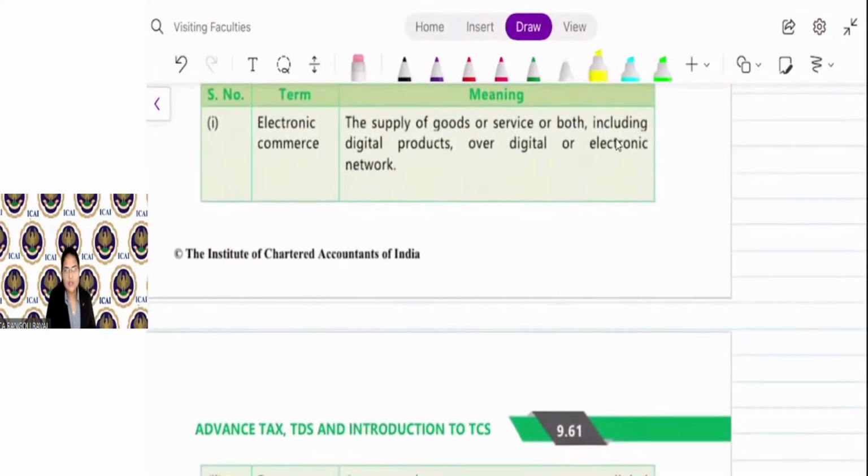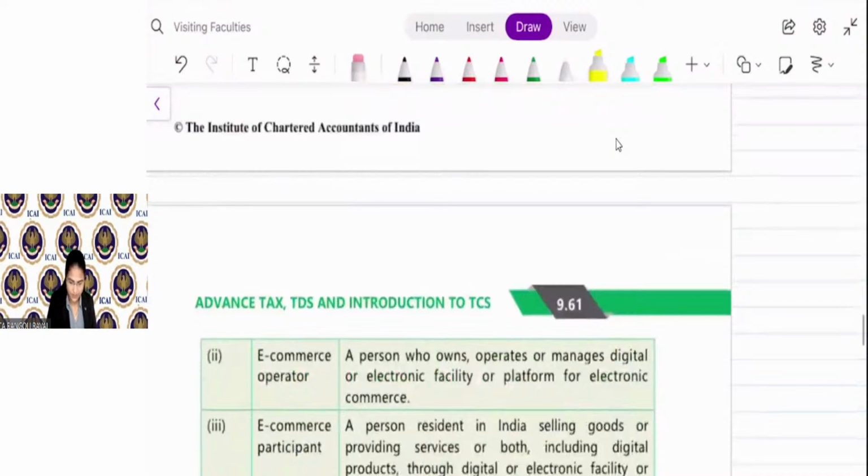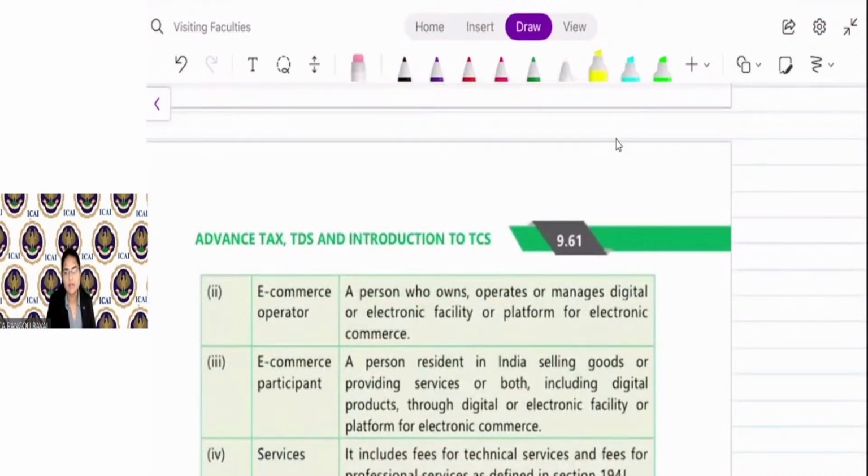Now, what is e-commerce? It is the supply of goods or service or both, including digital product, over a digital or electronic network. E-commerce operator means a person who owns, operates or manages a digital or electronic facility or platform for electronic commerce.